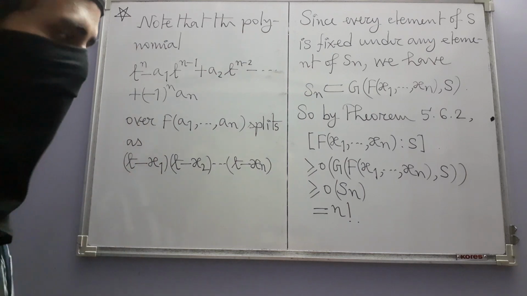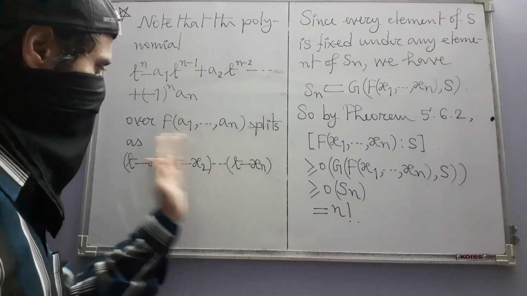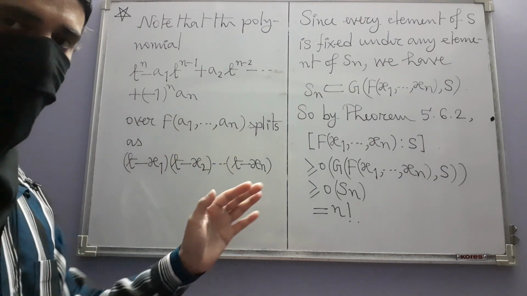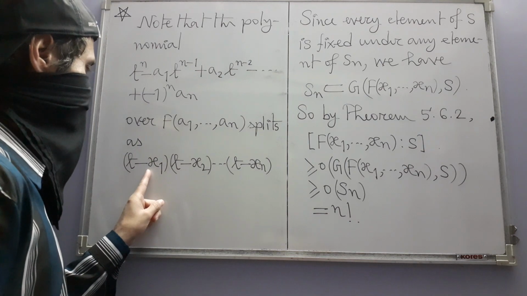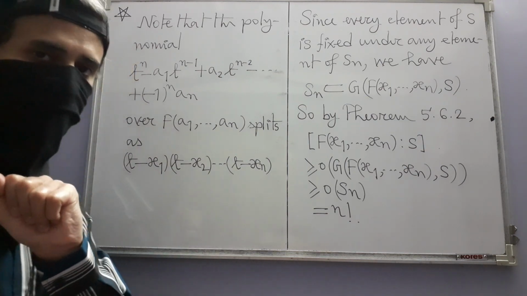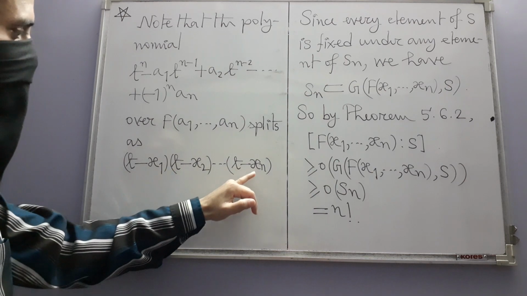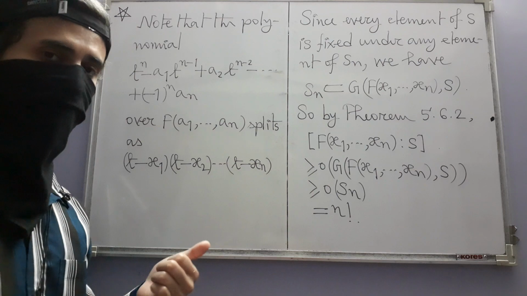Finally, also you see one more thing. The intermediate terms of course will come according to the pattern in which you will have the product. But ultimately the last term is obtained by multiplying all these xi's. And how many xi's are there? Actually minus xi's. So you have n number of minus xi's.